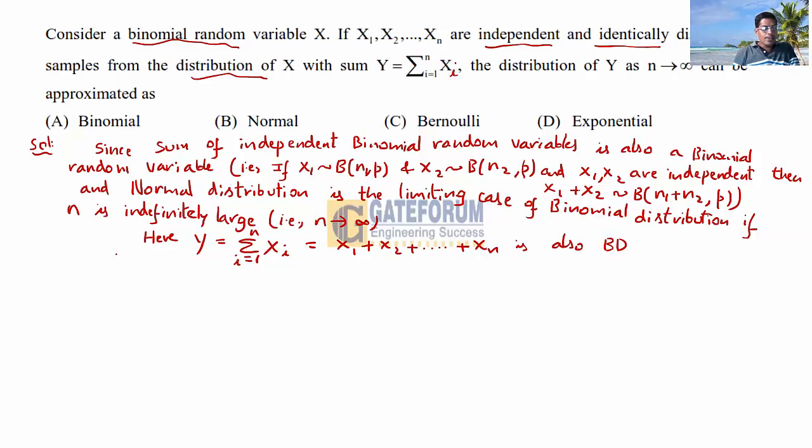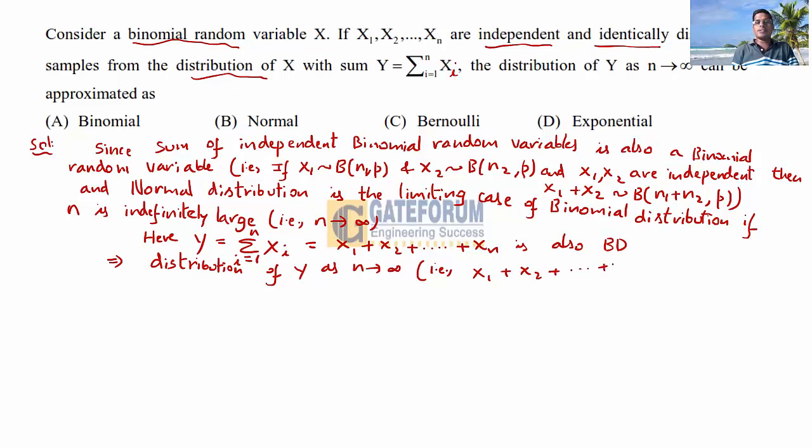Now Y as n tends to infinity, the distribution of Y is a sum of infinite binomial random variables, but should be a normal distribution, because normal distribution is a limiting case.